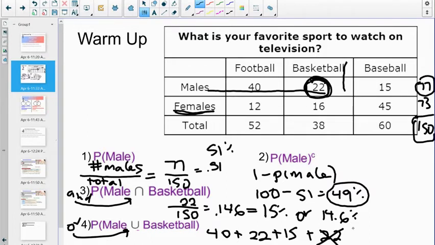Then we're just left with adding 16 female basketball players. When you add that all together, you get 40 plus 22 plus 15 plus 16, which gets you to 93. So we have 93 over 150. 93 divided by 150 is 0.62, and if you move the decimal place over twice, you get 62%.